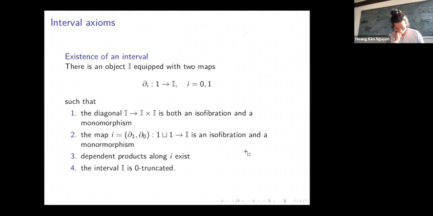You may be aware that if you slice E over I, if you consider the category E over I, then it is Cartesian closed.